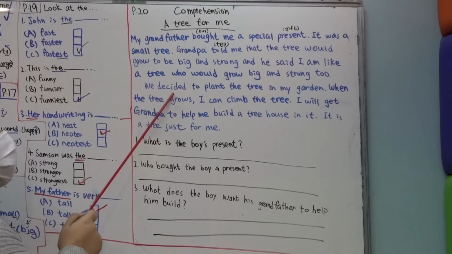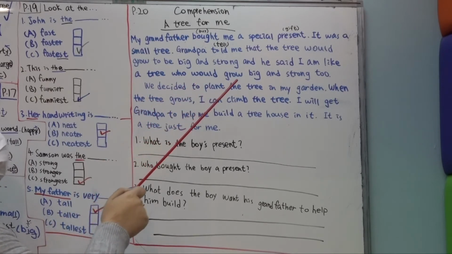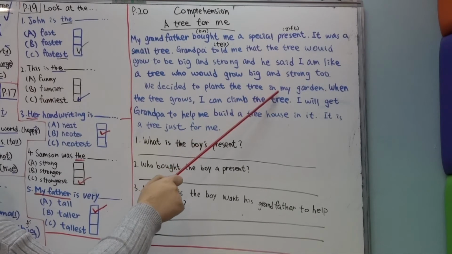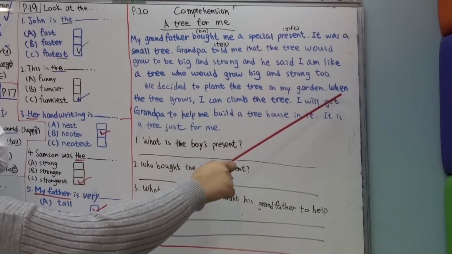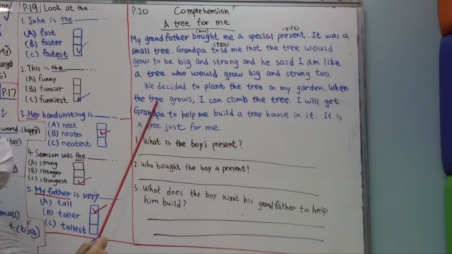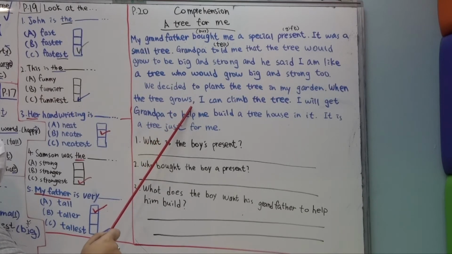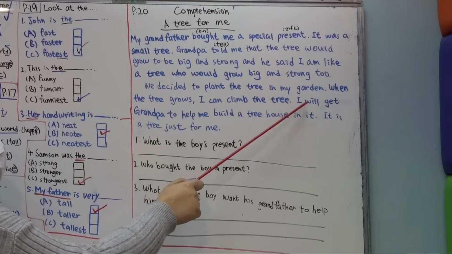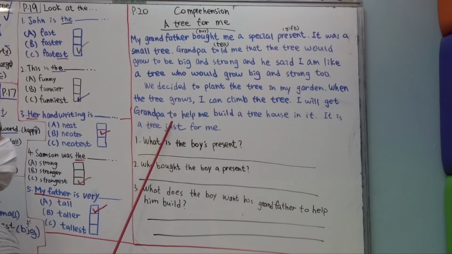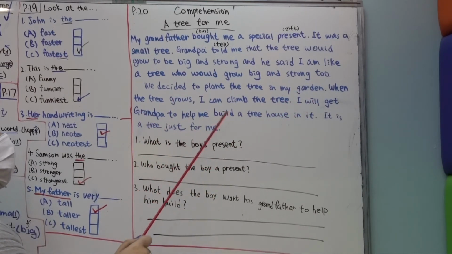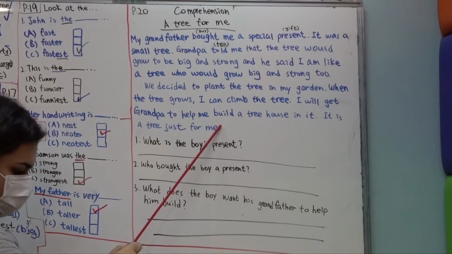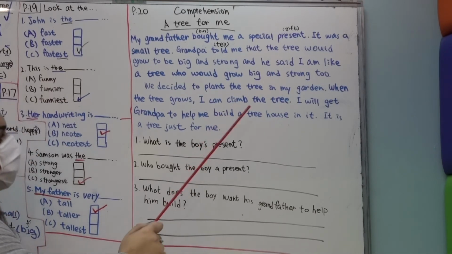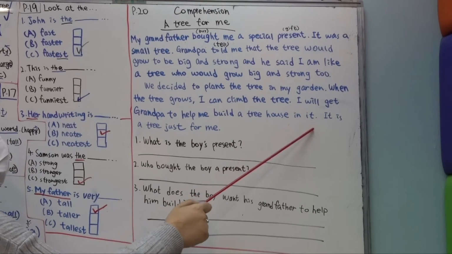Okay, let's do it here. We decided to plant the tree in my garden. When the tree grows, I can climb the tree. I will get Grandpa to help me build a tree house in it.